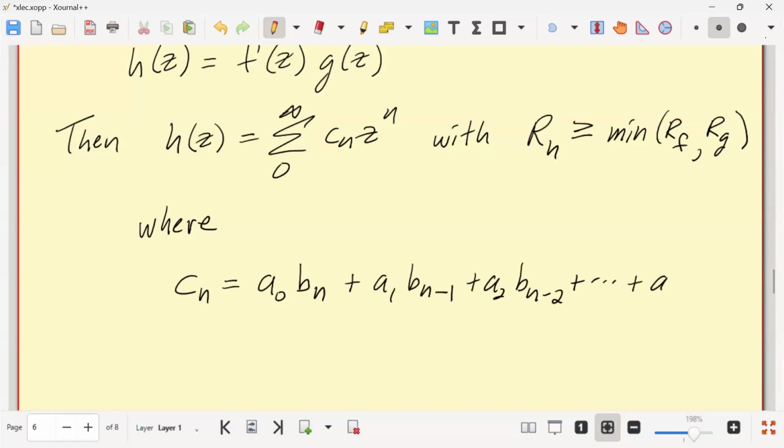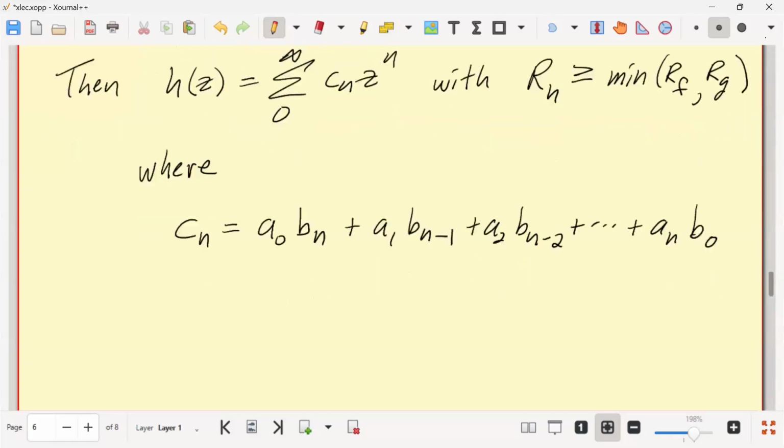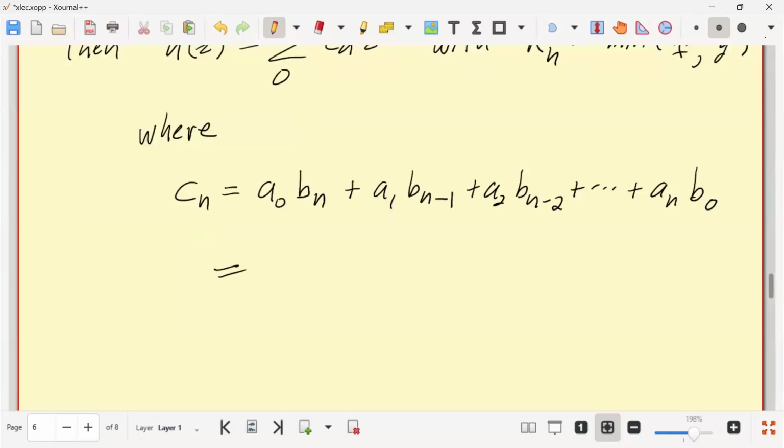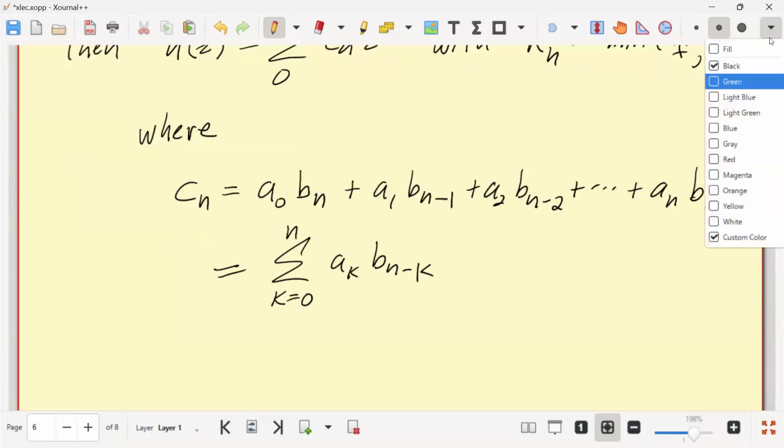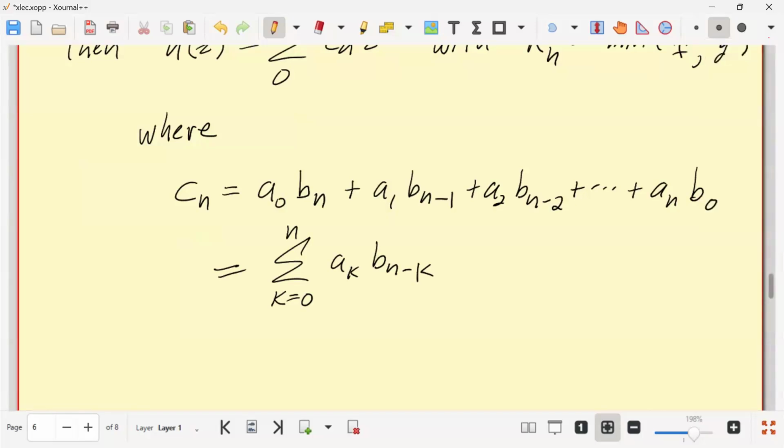The last one would be a_n times b_0. Those coefficients add up, so the sum is over k from 0 to n of a_k b_(n-k). And you notice that the k and the n minus k add up to n.